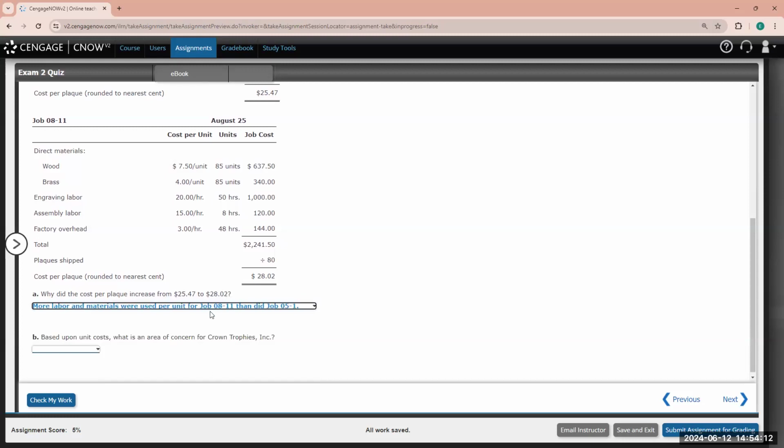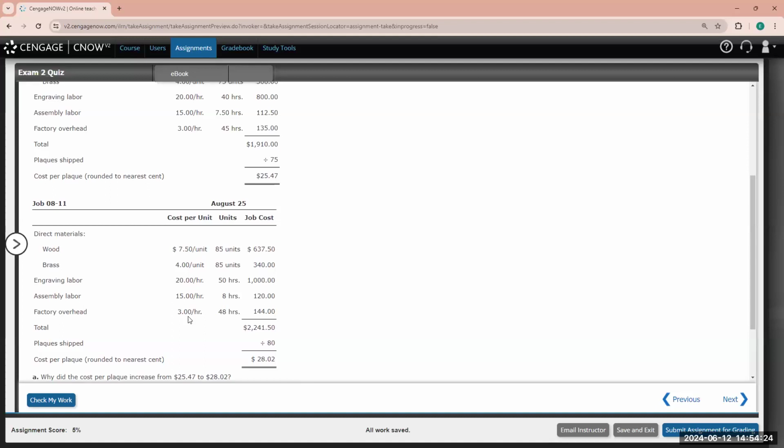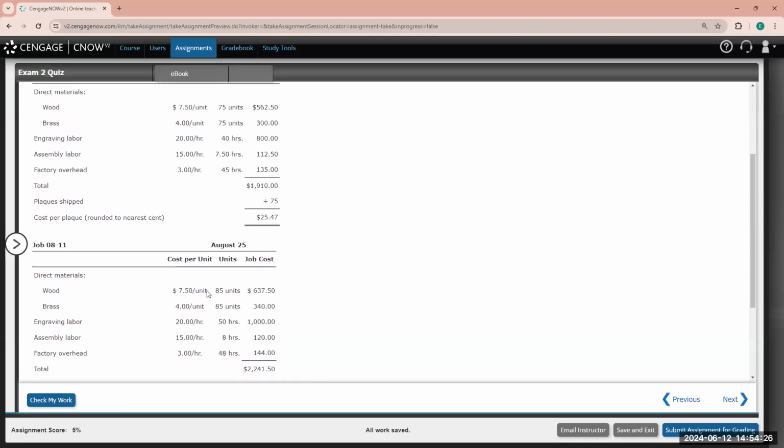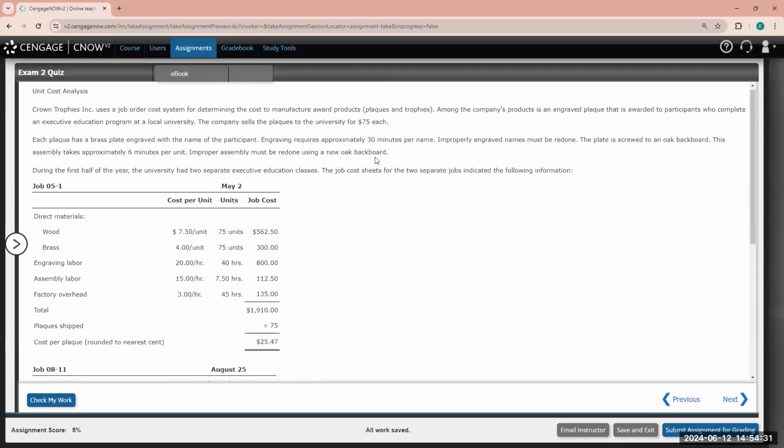Based upon the unit cost, it's asking, what is an area of concern for Crown Trophies? One thing we should think about is maybe engraving, right? Here it lets us know engraving takes 30 minutes per name.